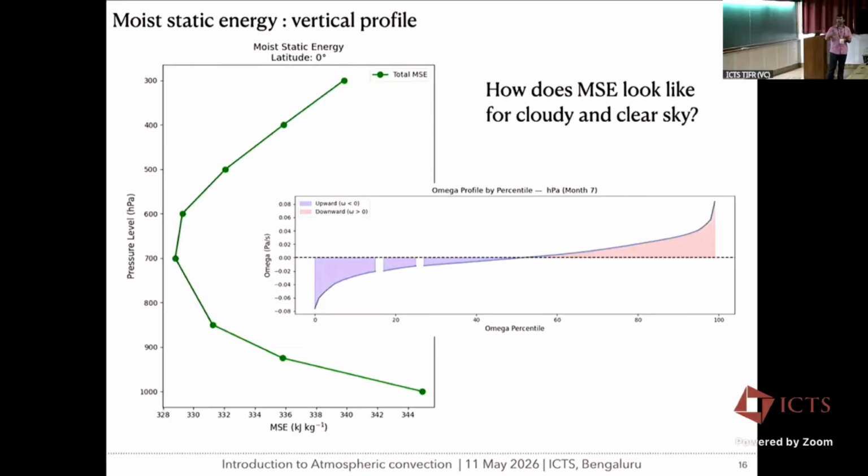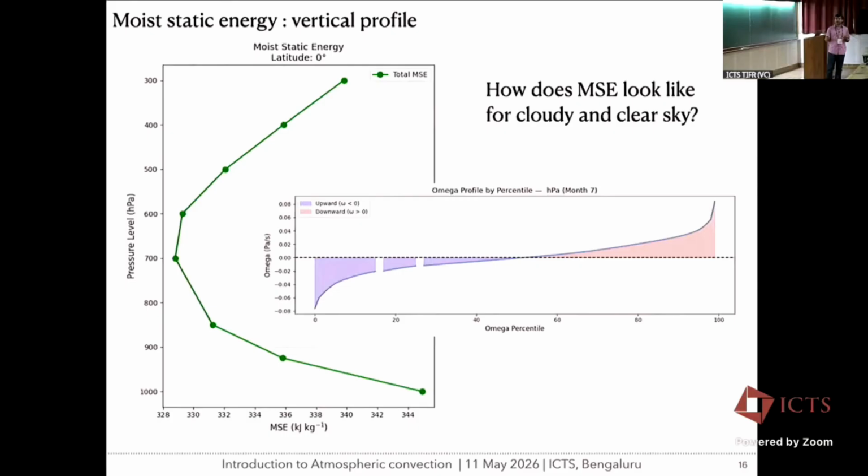I sorted it from lowest to highest value. And because I took pressure vertical values, the negative values basically correspond to the regions where we have cloud. So the most negative values are the deepest of deep clouds. And the most positive values are subsidence regions. These are clear sky.